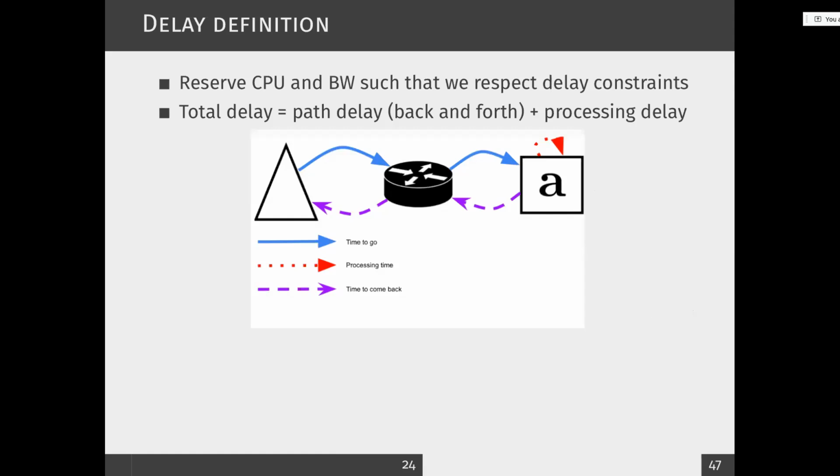So when I talk about delay, I'm talking about this. What I call the total delay is the delay on the path, to go to the server and to come back, plus the processing time on the node. Basically, the more CPU I give a software service, the faster it is.